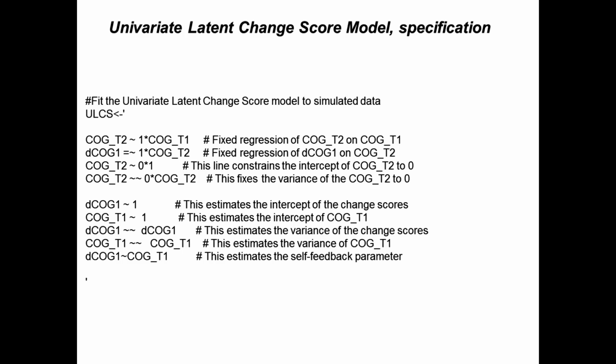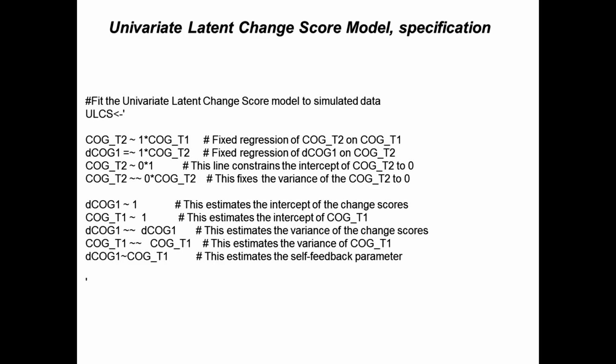So for the top one, what we're doing there is a regression. We're saying the regression of time 2 on time 1. And what we're doing is fixing it to 1, right? So that's why we're doing the 1 star. It means we're fixing the regression coefficient to 1. And if you look at this equation, you have an error term, and that's pushing all of the change onto the error term.